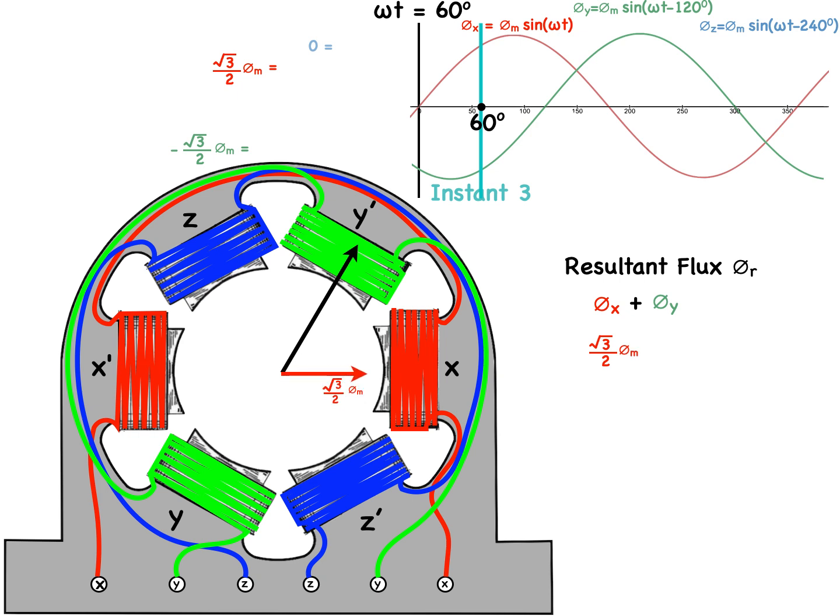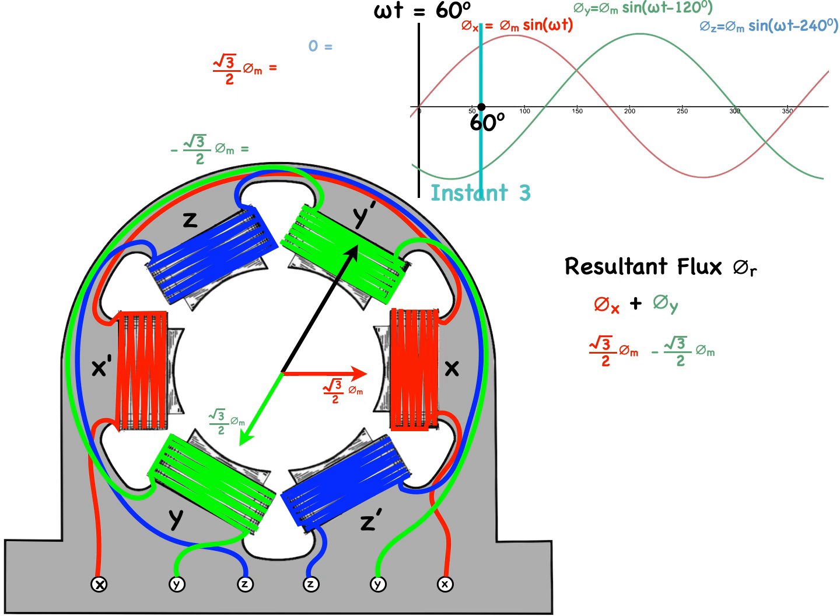The red phasor we will plot in the vicinity of the rotor is plus root 3 all over 2 phi m. The green flux phasor is minus root 3 all over 2 phi m, which, if it was plus, would be in this direction.